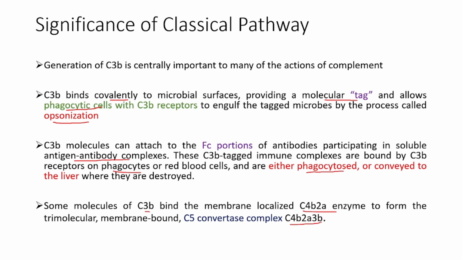So formation of C3B is particularly important, and it plays very key roles, not only in forming the C5 convertase but also in functioning as a molecular tag to guide the phagocytic cells to destroy microbial surfaces or antigen complexes with antibody. Okay, so these are the significances of the classical pathway.